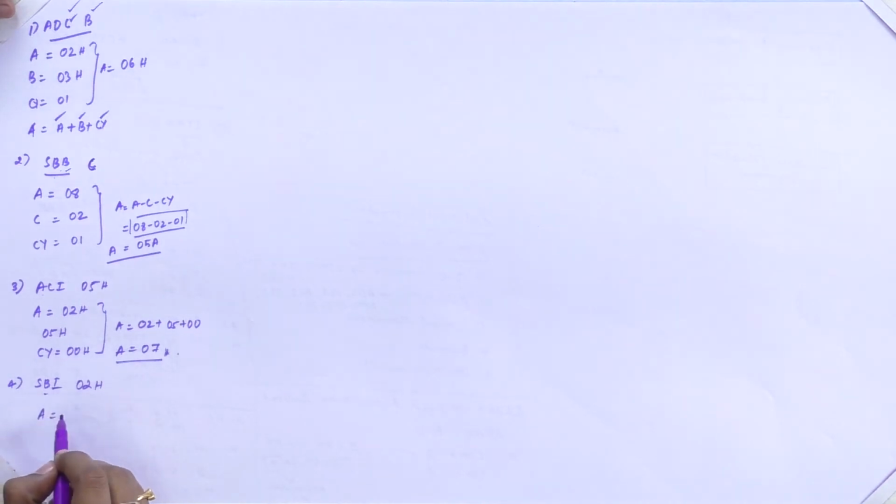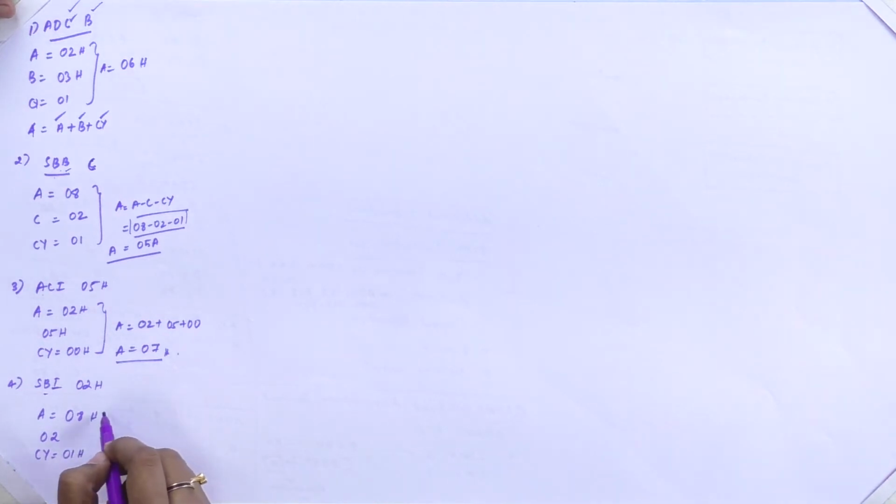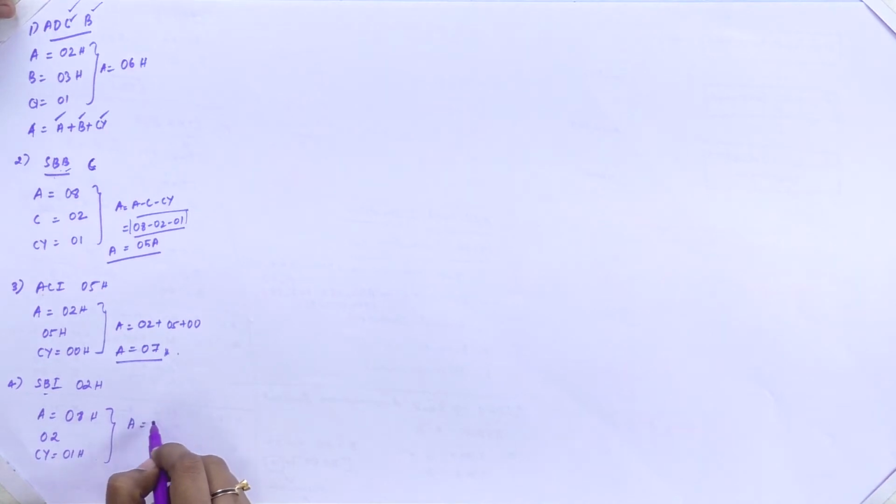So content of accumulator is equal to 08H, the immediate data is equal to 02H and the content of carry bit is equal to 01H. Now the subtraction takes place in the form of 2's complement as A equal to A minus the given immediate data minus the carry bit, which is 08 minus 02 minus 01, equal to 06H.